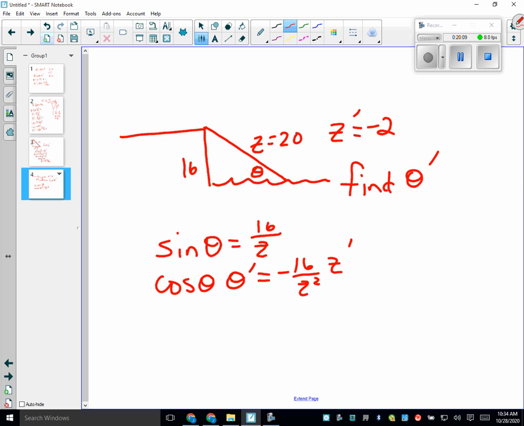What is cosine of theta? Adjacent over 16 over... so what am I missing? x. What is x? X prime is 2. No, it isn't. z is 12.